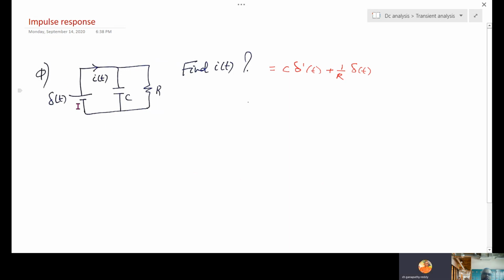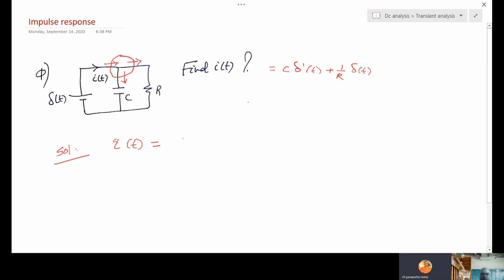In this circuit, a DC voltage impulse is applied. Find i(t). It's very easy. Using the nodal equation, i(t) is nothing but iC plus iR.